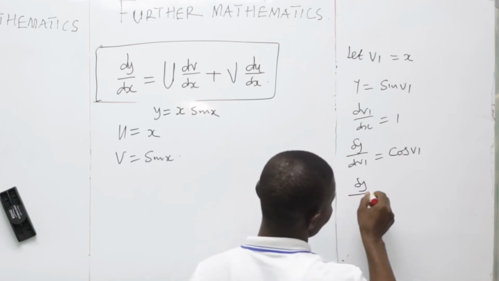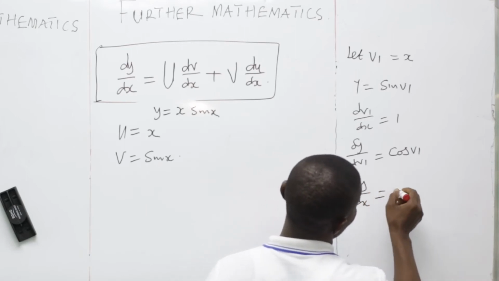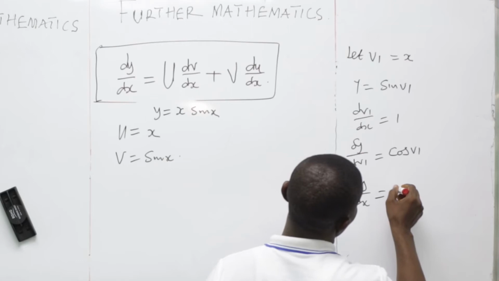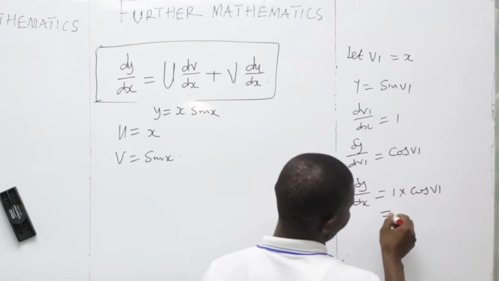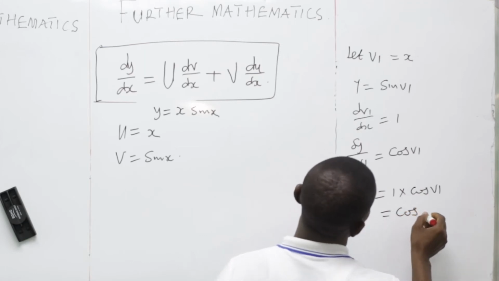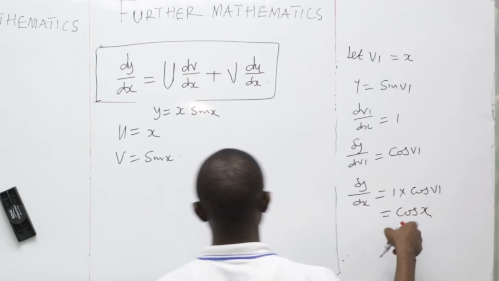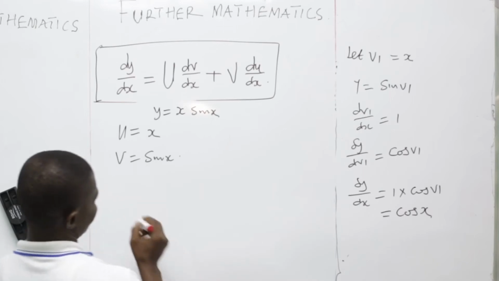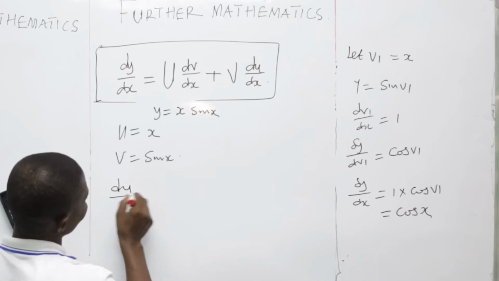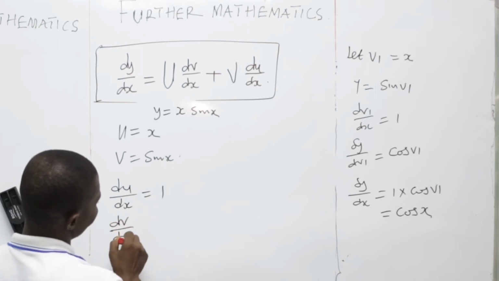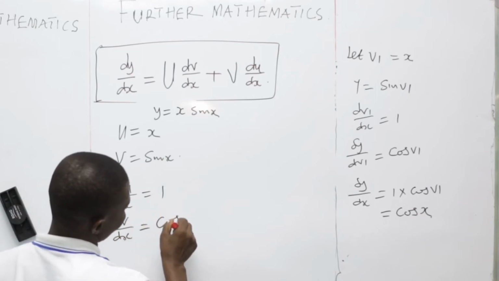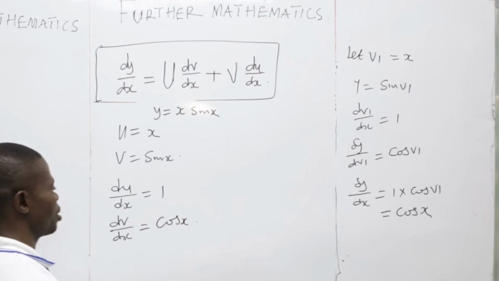So dy/dx equals 1 multiplied by cos v1. Recall that v1 equals who? x, meaning cos x. Okay. The du/dx equals 1. The dv/dx equals cos x.